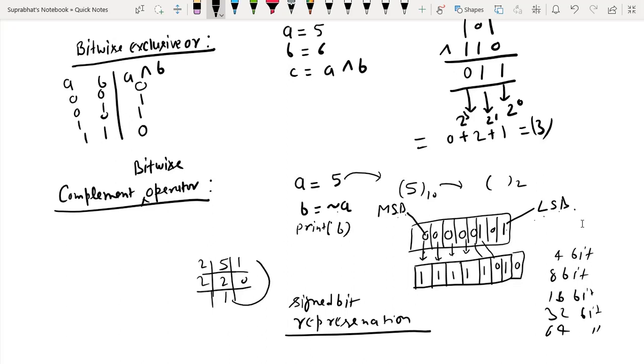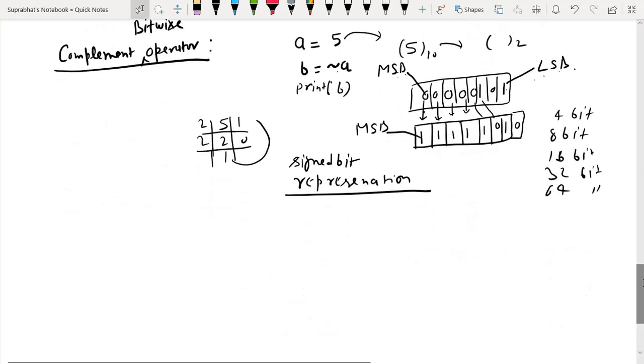When I did the complement of this 8-bit representation, the last bit, that is MSB, now this is MSB. So in the sign bit representation, say it carefully, how do we identify whether a number is positive or negative?